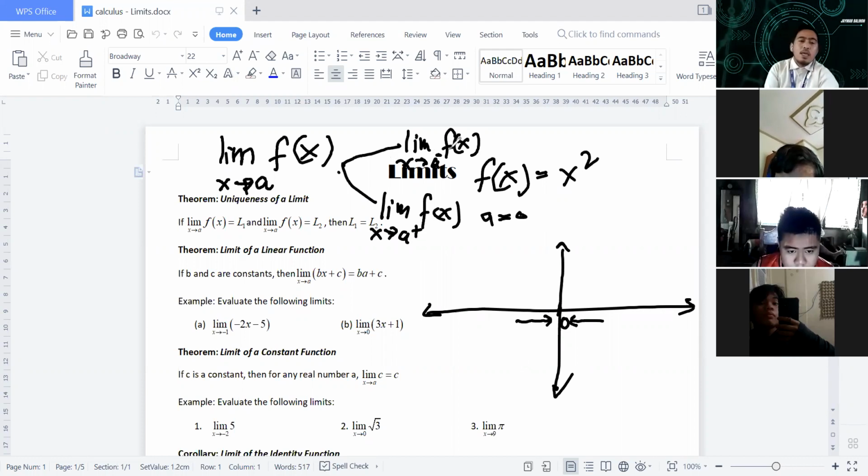If you observe that the values approach a certain value, then that's the limit from the left hand side, and the same thing with the right hand side. In case their answers are the same, then we can say that the limit of f of x as x approaches a is equal to that certain value.